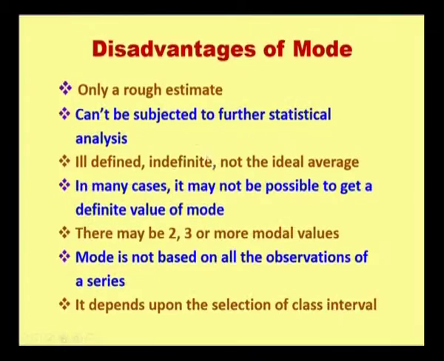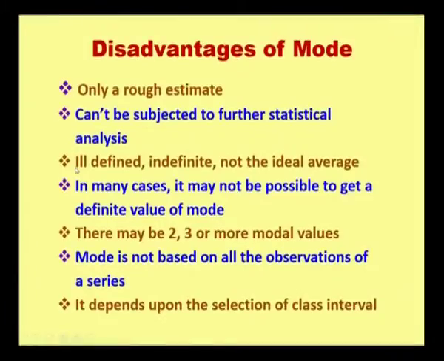And now what are the disadvantages? It is a rough estimate and it cannot be subjected to further statistical analysis like mean and standard deviation. They can be further analyzed, but the mode cannot be analyzed further. And it is ill defined, indefinite and not the ideal average.